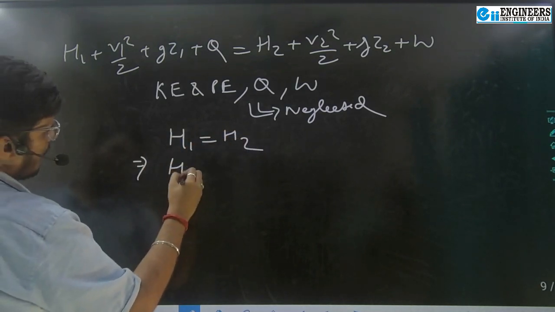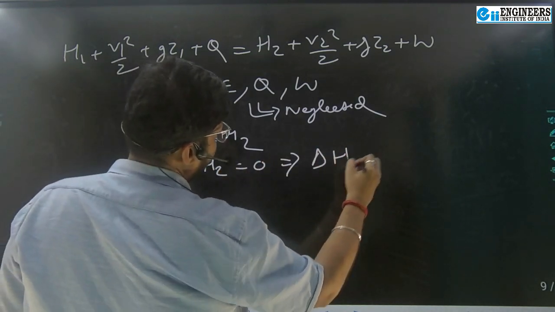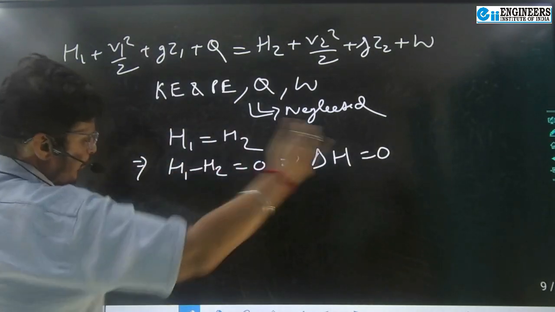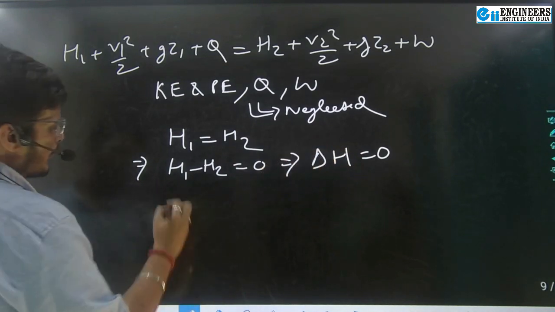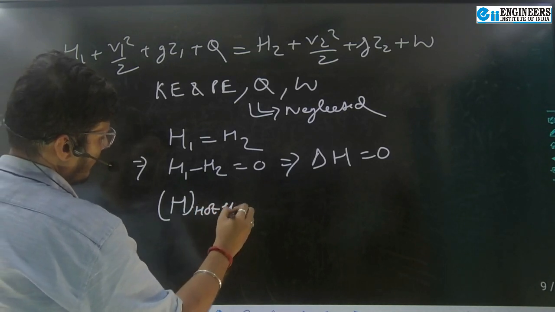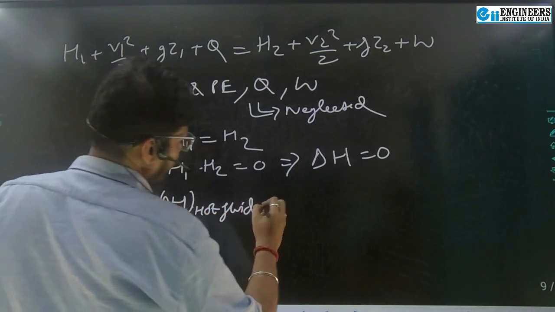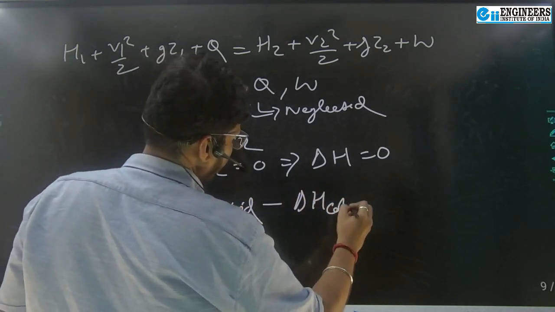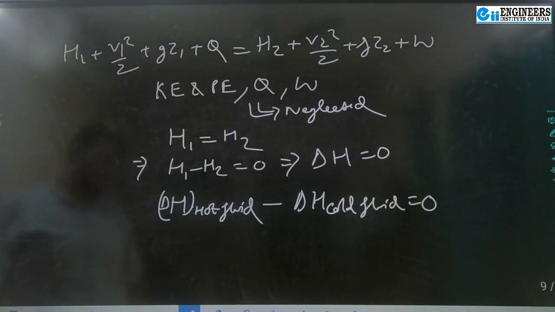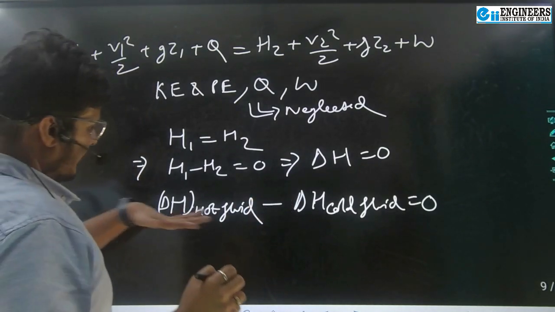That means H1 minus H2 is equal to 0, which implies delta H is equal to 0. So what is this enthalpy? If the net delta H is 0, that means the enthalpy change of the hot fluid and the enthalpy change of the cold fluid sum to 0.